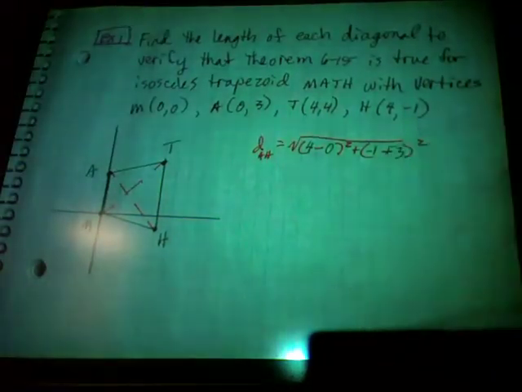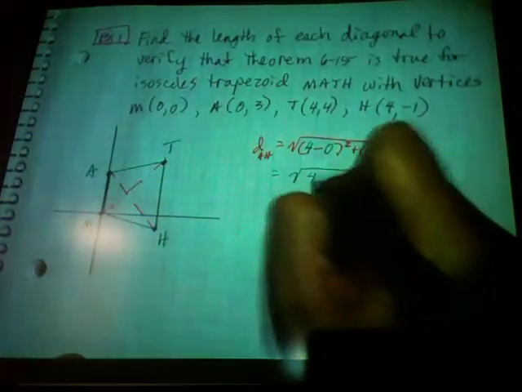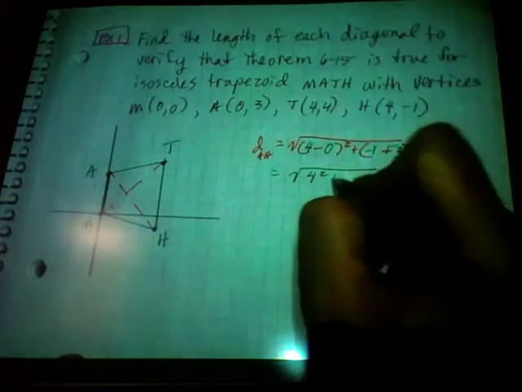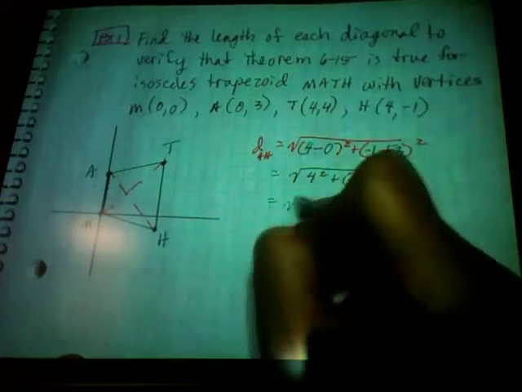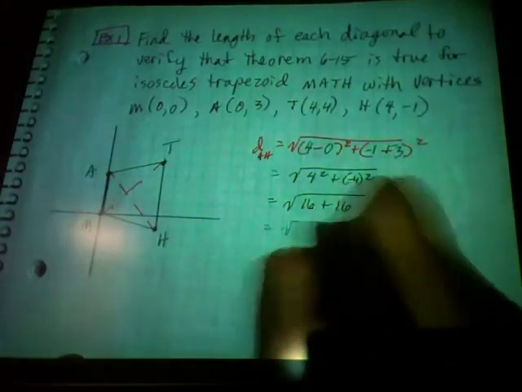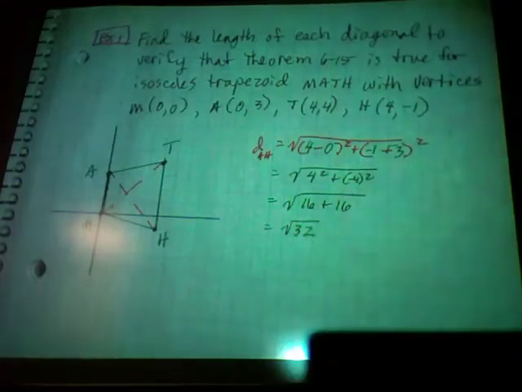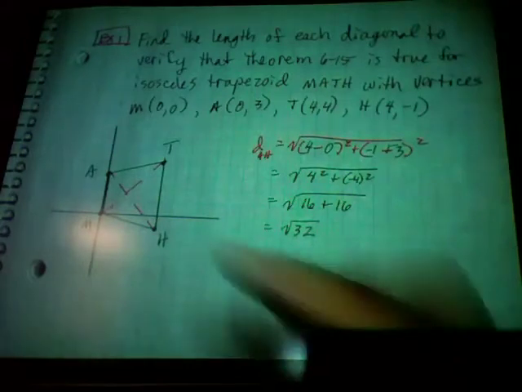Add your opposite, and we get 4 squared plus -4 squared, equals 16 plus 16, which is the square root of 32. If I were you, I wouldn't simplify that, because I want to be able to compare it to the other one. Then we're going to find the distance from what to what?